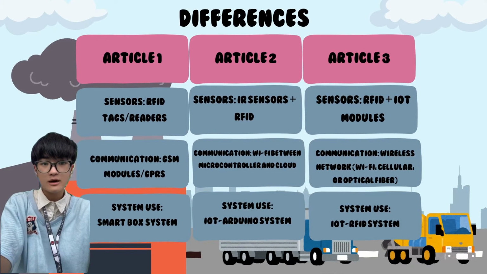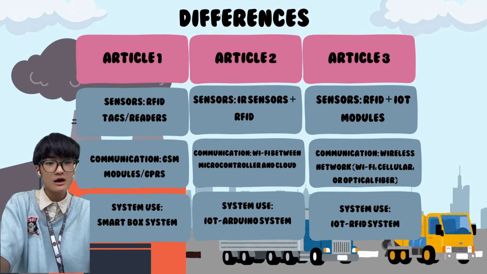Right now, let's talk about the differences between Article 1 and Article 3. First of all, I want to list the sensors. For Article 1, we use RFID tags or readers. For Article 2, we use IR sensor plus RFID.